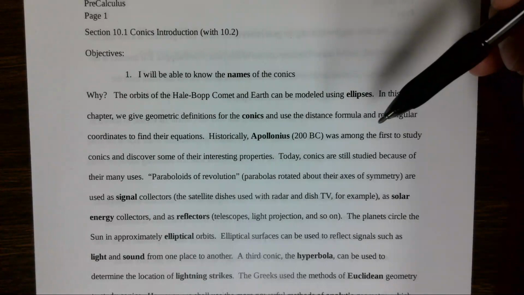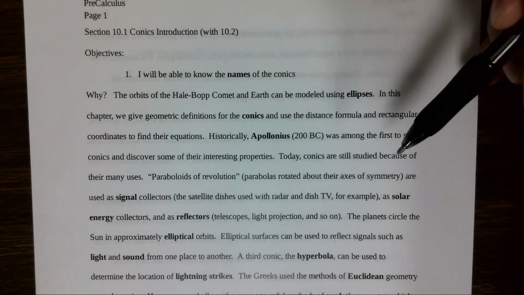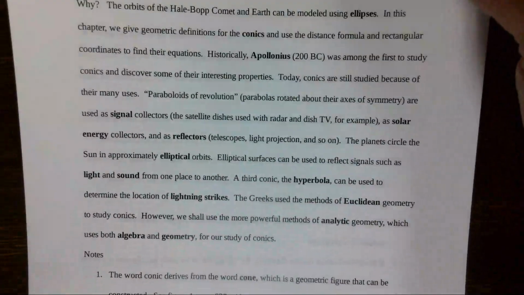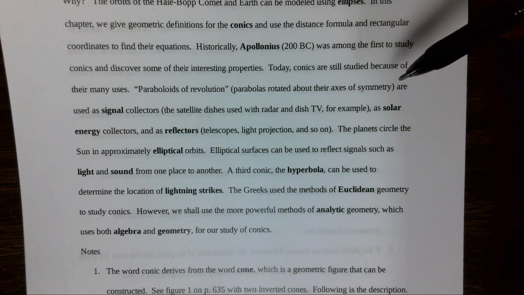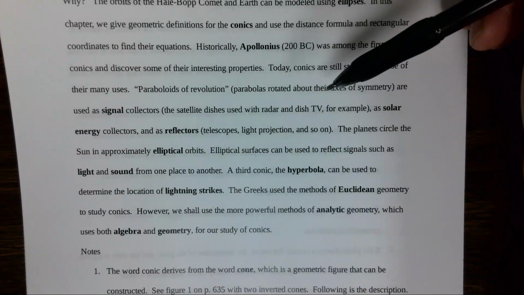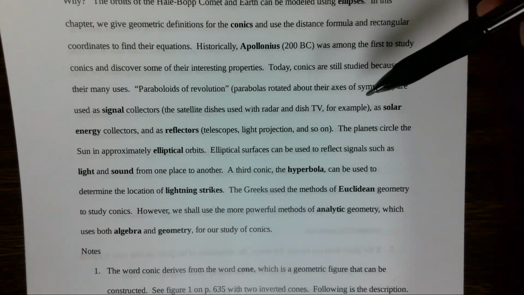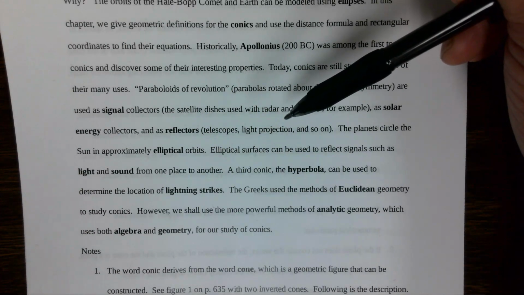Historically, in 200 BC, Apollonius was the first to study conics, and today they're still studied because of their many uses. They call them paraboloids of revolution when their parabolas are rotated about their axis of symmetry. Those are used for signal collectors, like satellite dishes with radar and dish TV, as solar energy collectors, as reflectors like telescopes, light projection, and so on.